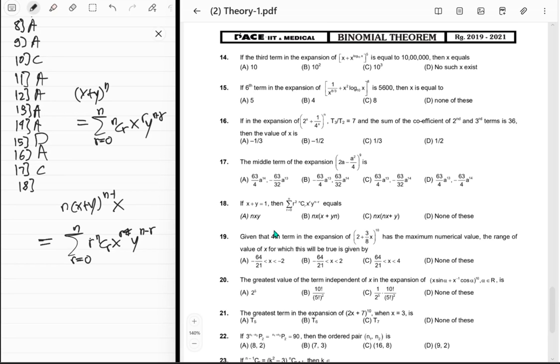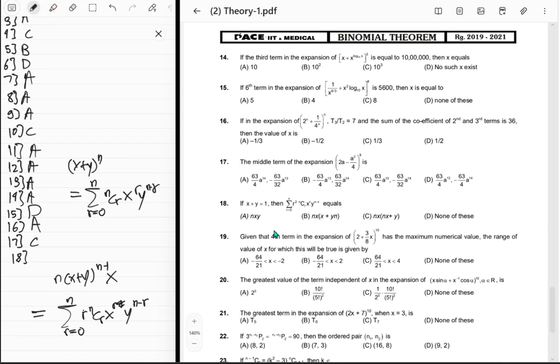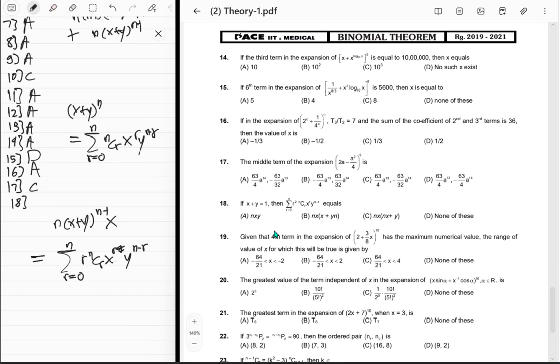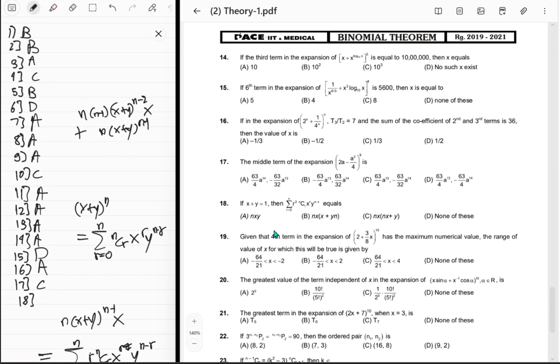Then differentiate once again with respect to x, it will be n into n minus 1 times x plus y to the power of n minus 2, and x, then plus n into x plus y to the power of n minus 1. Exactly. And when you differentiate, you get r squared nCr and all that stuff, but that times x.